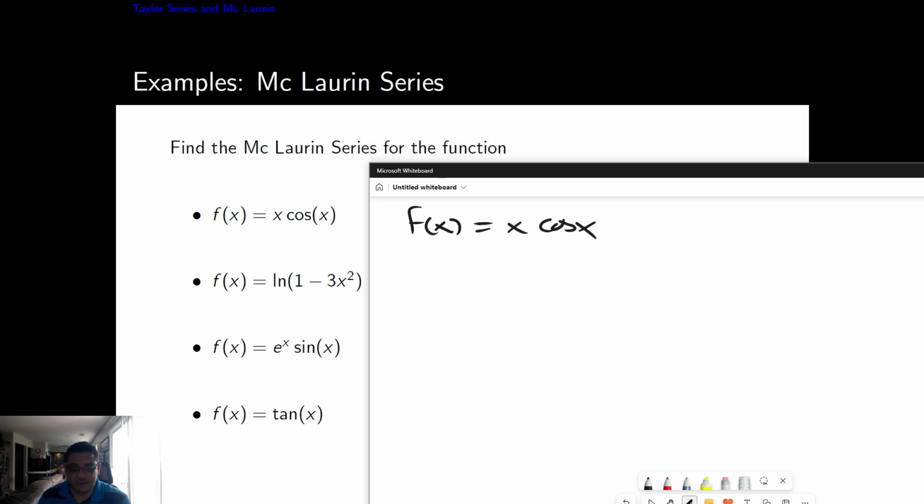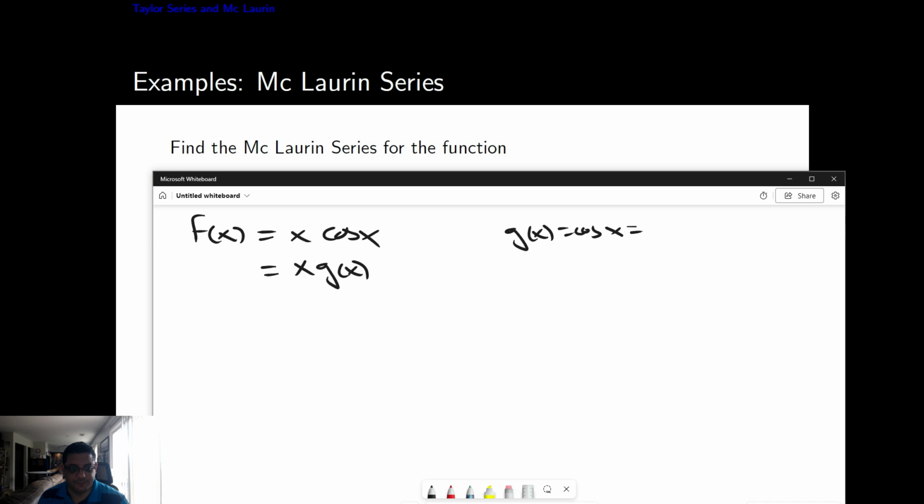The first thing is that you can think of this as x times g of x, where g of x, which is cosine of x, can be seen as the series for n equals 0 to infinity of minus 1 to the n, x to the 2n over 2n factorial, according to what we just got in the previous one.